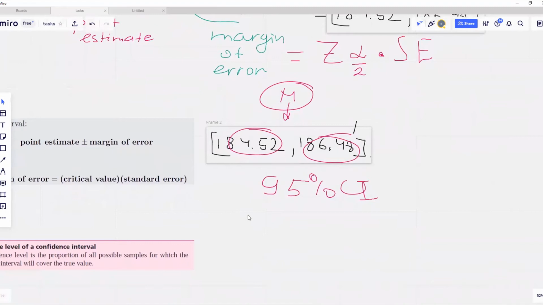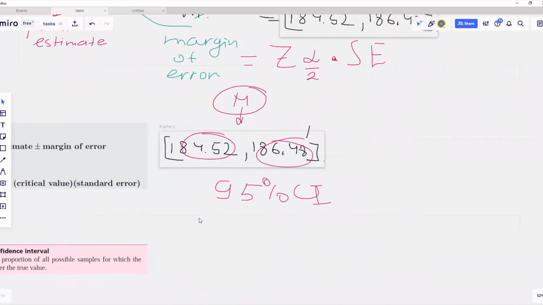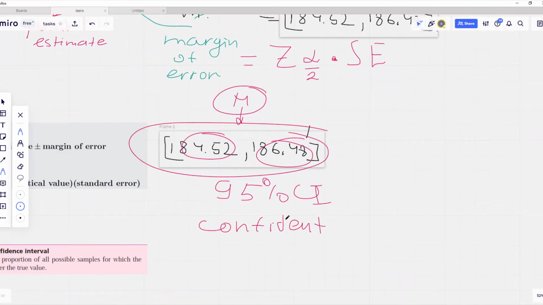So for this reason, we use the following phrasing. We say that we are 95% confident that our confidence interval will cover the true population mean. What do we mean by that?